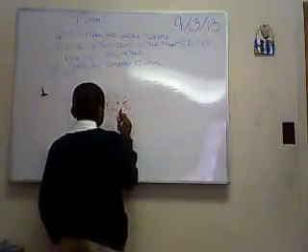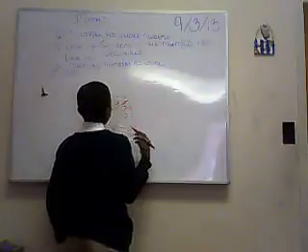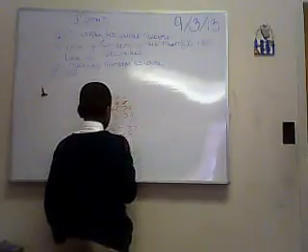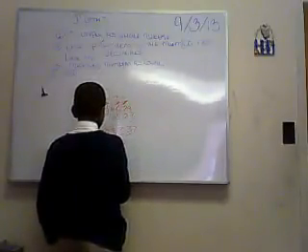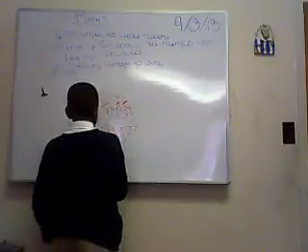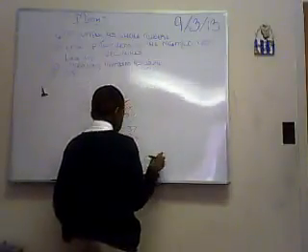Then open it up. 0 times 9 is 0. 0 times 7 is 0. 0 times 0 is 0. 0 times 6 is 0. 0 times 0 is 0.